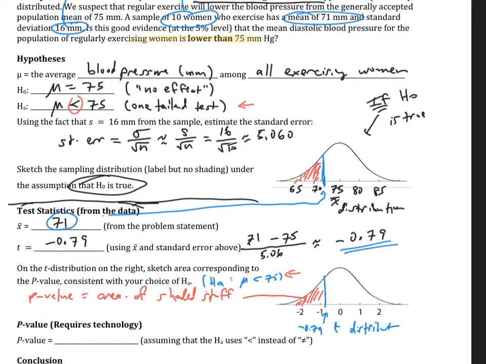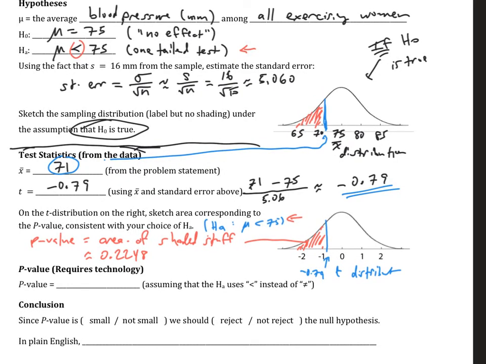The applet that I've been using, the same one that we used for the other example, and it's on this handout again, returns the value for my p-value: 0.2248. So a little more than 22%, and that looks about right. The picture looks to be about 22% shaded. Anyway, that's the number that goes into this blank.